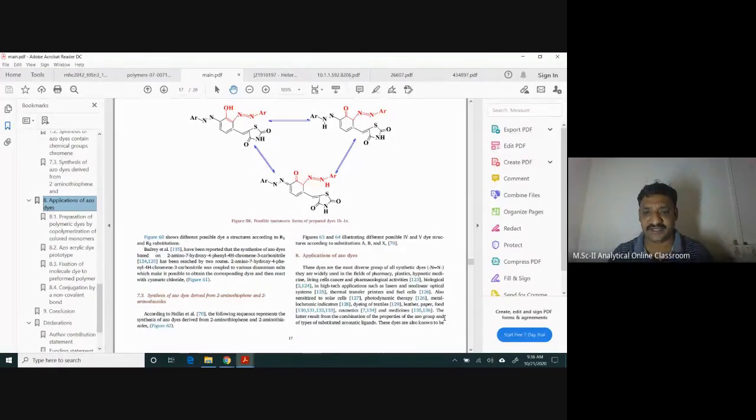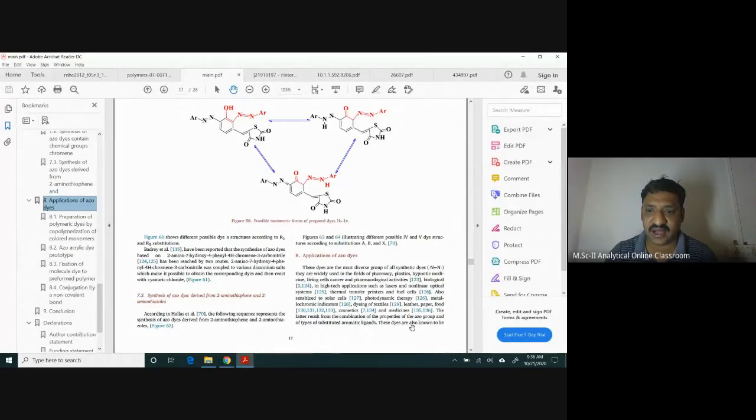So every industry, because from an analytical point of view, we require the industrial application, and in case of industrial application, you have to write down leather industry, paper industry, food industry. Okay, so different industries, cosmetic also is there. The latter result from the combination of the properties of azo group and the types of substituted aromatic ligands.